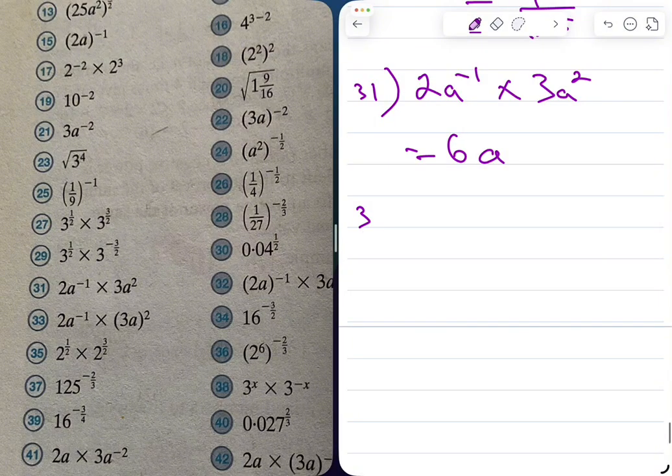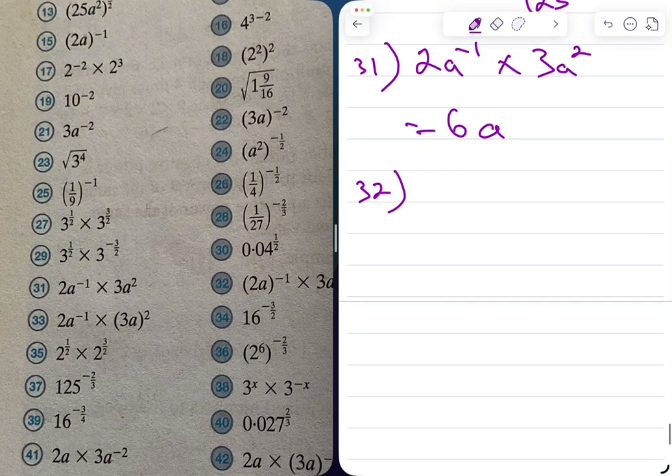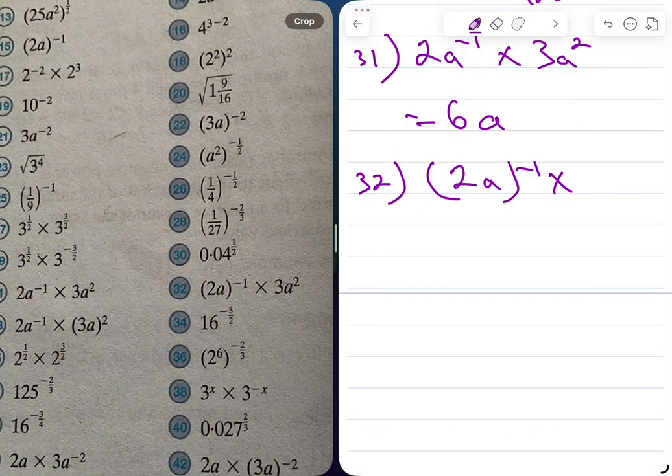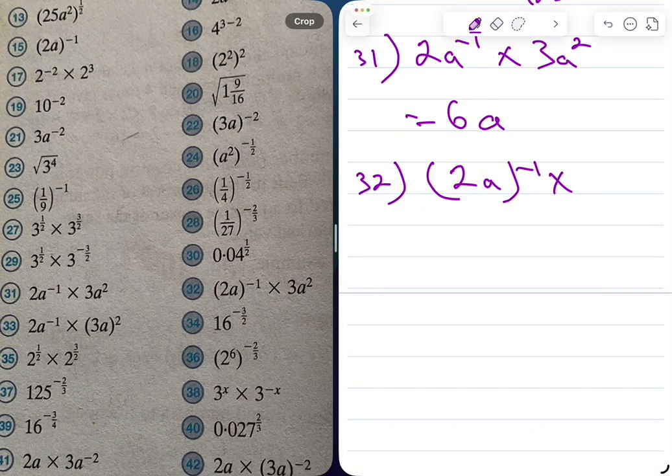Number 32. 2a raised to power minus 1 times 3a squared, times 3a raised to power 2.